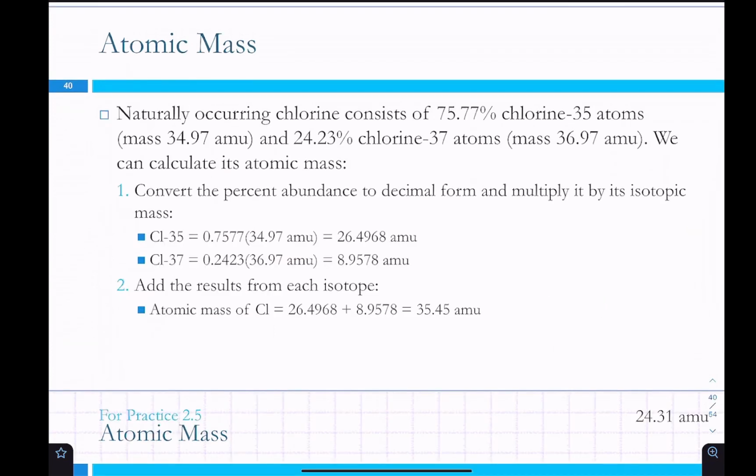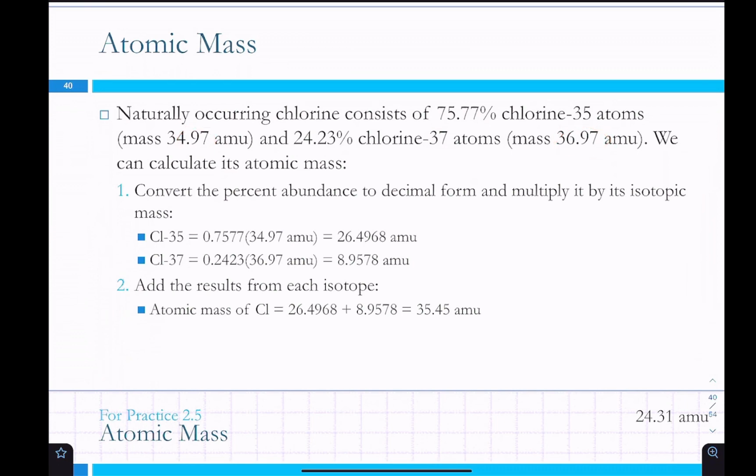And it's a weighted average. So for example, for chlorine, it's 37. Naturally occurring chlorine consists of 75% chlorine 35 atoms and 25% chlorine 37 atoms. And so we calculate its atomic mass based on its abundance and the masses of those isotopes. These are exact masses.